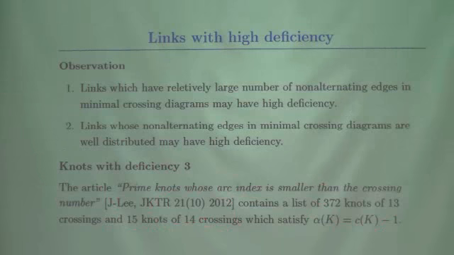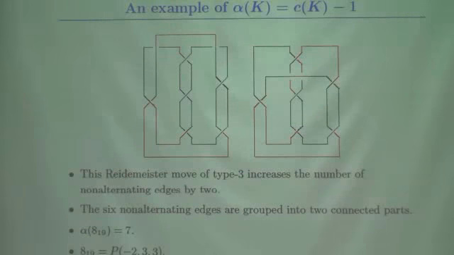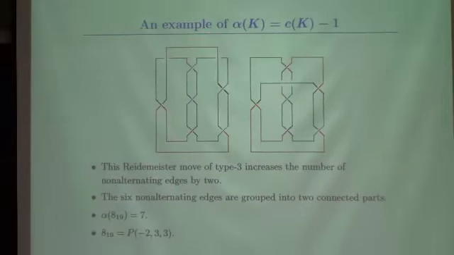The next 2 examples: one satisfies this, and the other one does not satisfy this. Okay, so this is an example of alpha K equals CK minus 1, the deficiency 3 case. So here this is red, this is red, and this is red, and this is red. They are non-alternating edges. So there are 4 non-alternating edges.